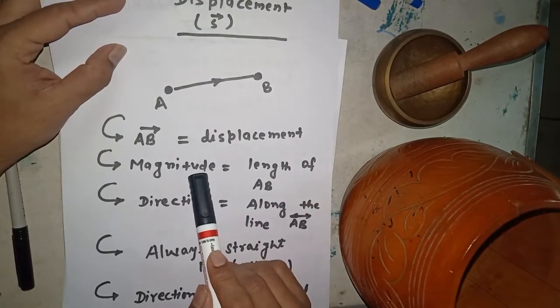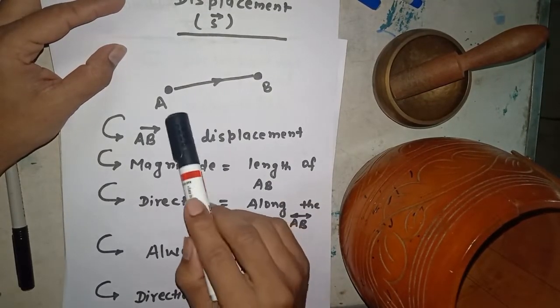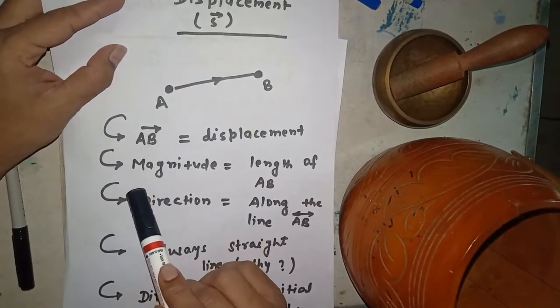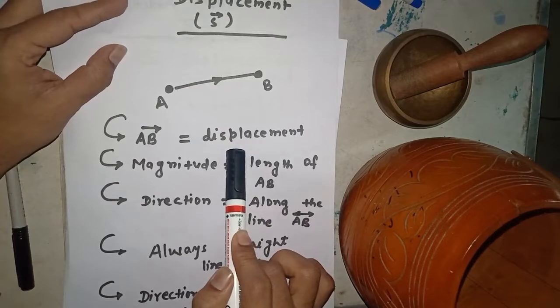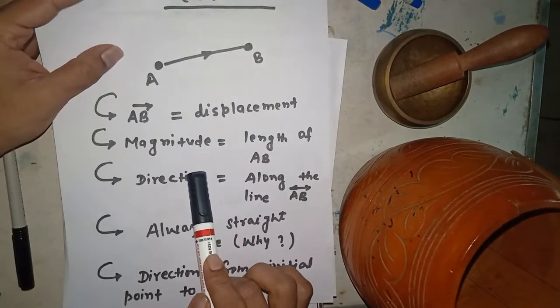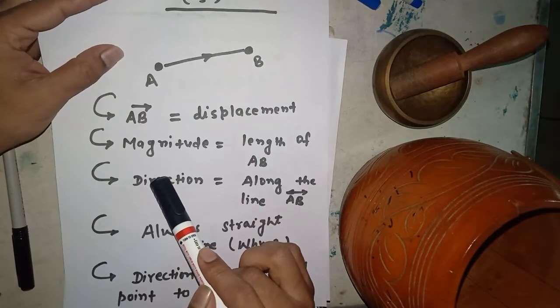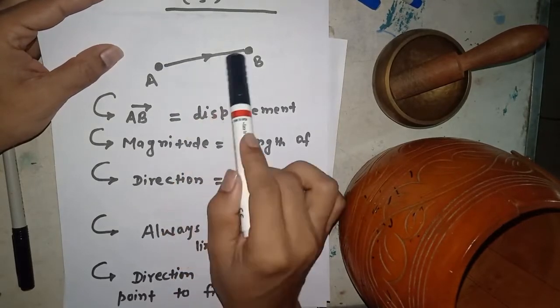So the displacement from A to B can be written as vector AB, but its magnitude can be given by the length of AB or the path length of AB. Have you got my point?